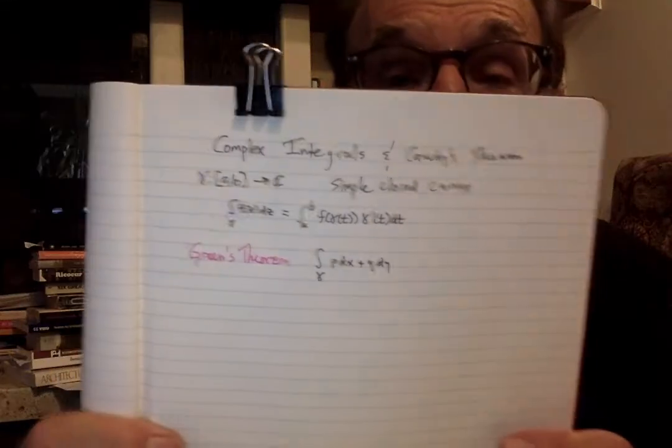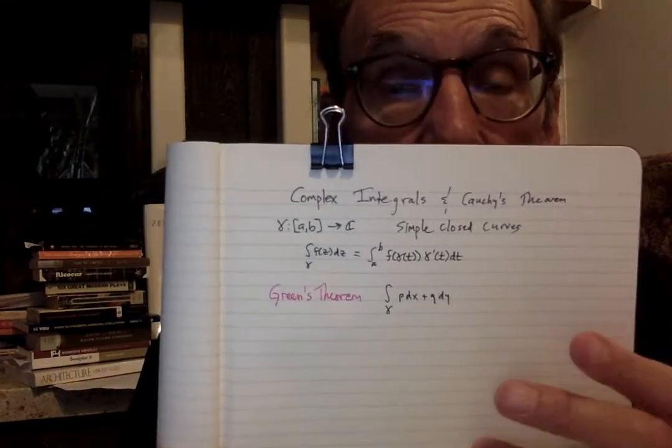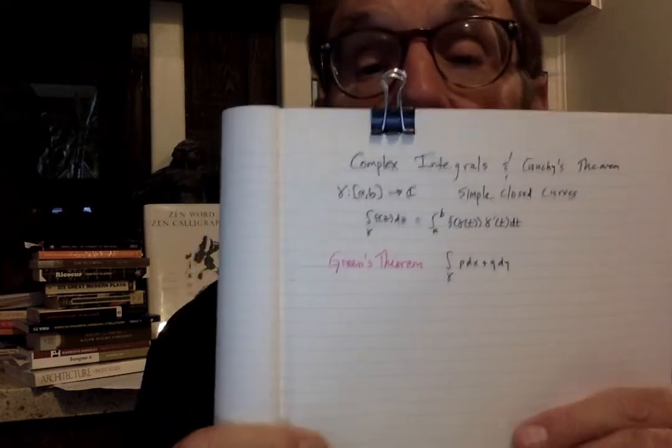There's a whole broad kind of integrals. And that says if you're integrating over gamma of some p dx plus q dy, so p and q are functions of two variables, and they've got appropriate smoothness conditions. You can go off down a big rabbit hole trying to worry about how smooth p and q have to be. We're going to try not to go there.